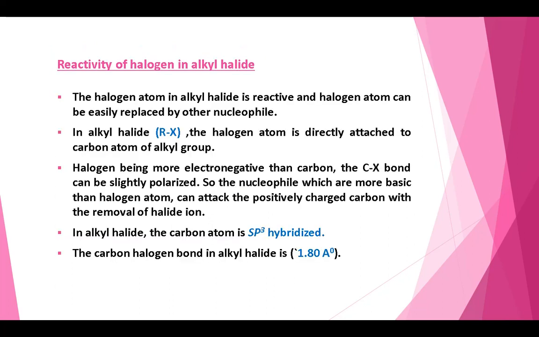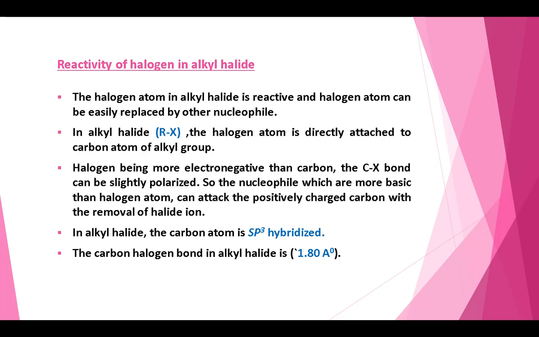Last one is the reactivity of halogen in alkyl halide towards nucleophilic substitution reaction. In alkyl halide, RX, R is an alkyl group and X is a halogen. The halogen atom in alkyl halide is directly attached to the carbon atom of the alkyl group.